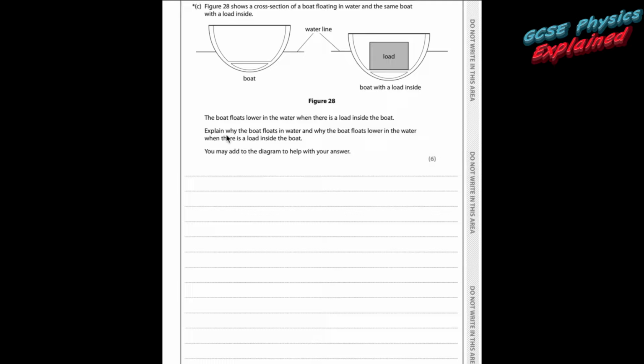Right, basically, why does a boat float in water? Now what you're looking for is the upthrust is bigger than the weight. Now the upthrust is the difference in pressure between the top and bottom of the boat.